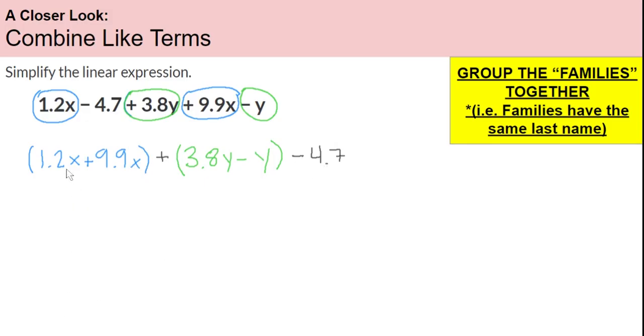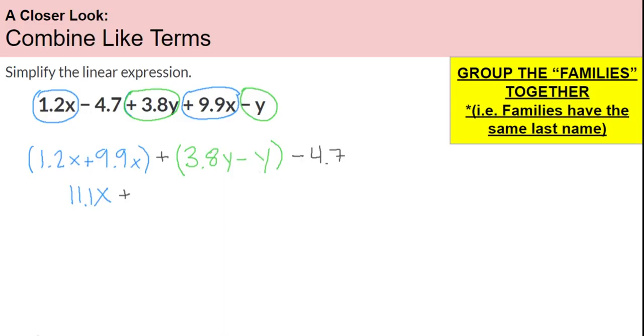Okay, let's combine like terms. 1.2x plus 9.9x. We add the numbers, the coefficients. We leave the letter alone, the variable. So x, and we'll get 11.1x, 11 and 1/10 x. And then we'll add. Now we've got 3.8y minus y. There's no number with this y.